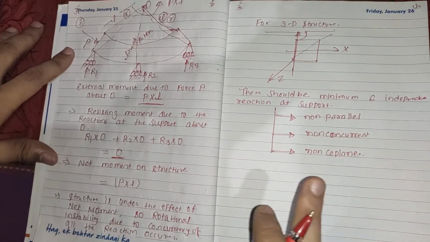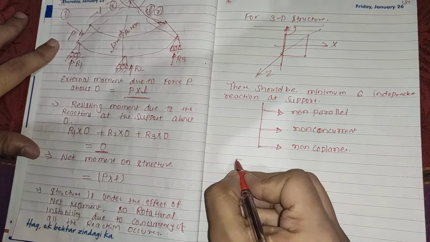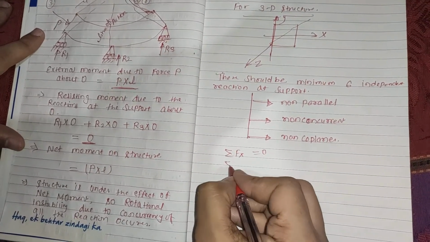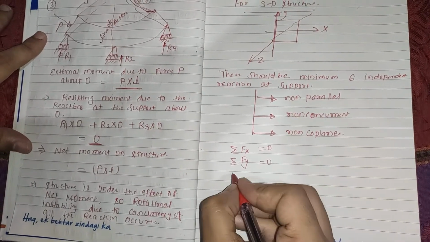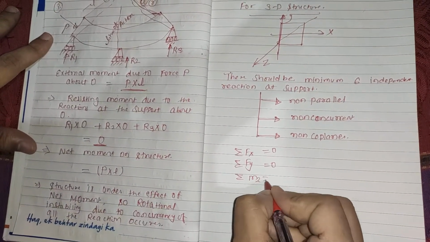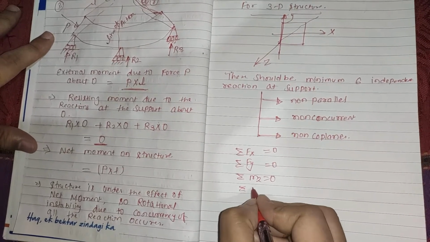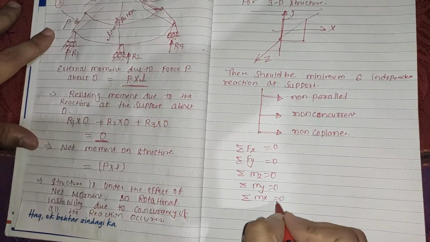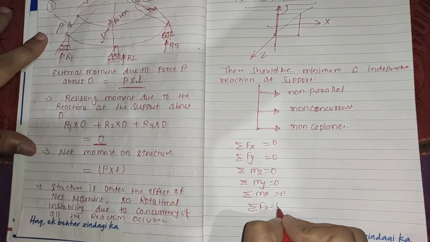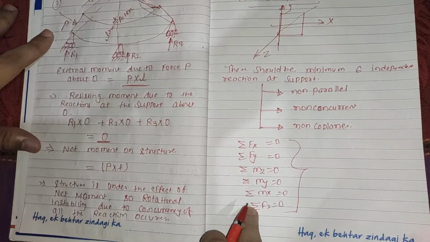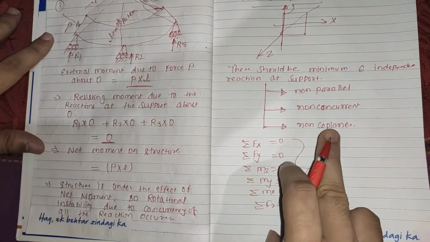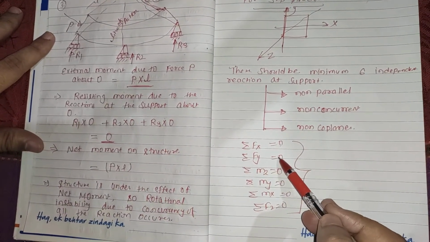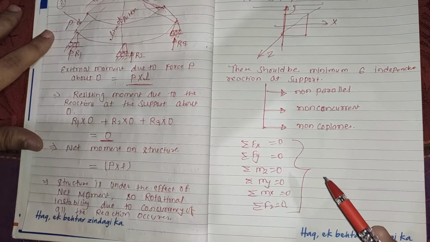Summation of Fx is equal to 0, Fy is equal to 0, Mz is equal to 0, let's say My is equal to 0, summation of Mx is equal to 0, summation of Fz is equal to 0. Satisfy all these conditions. Okay, so non-coplanar means the value of Fx is different from the value of Fy or the value of Fz. This is non-coplanar.